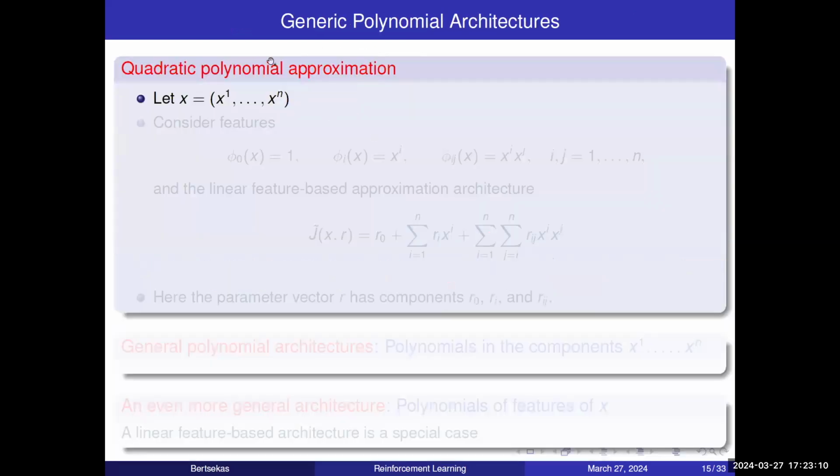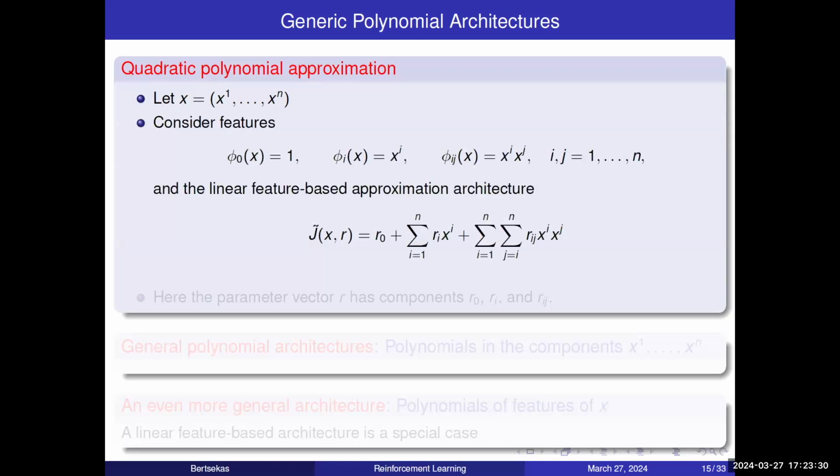Another type which is commonly used is the generic polynomial architecture. If we focus on a quadratic polynomial approximation, given that we have an x with n different components, its features can be viewed as those combinations that include a constant shift, the individual components, and products of two components.